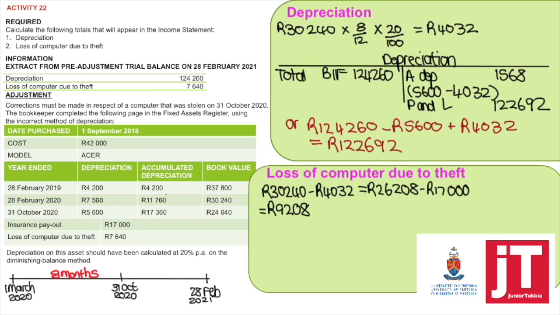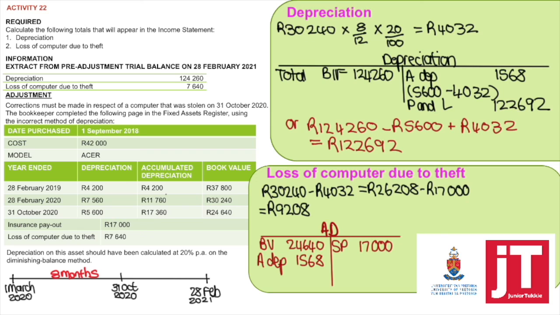If we take that and we minus what the insurance company is going to pay us out or paid us out, 17,000, it equals my loss of computer due to theft, 9,208. This is one way of calculating it.